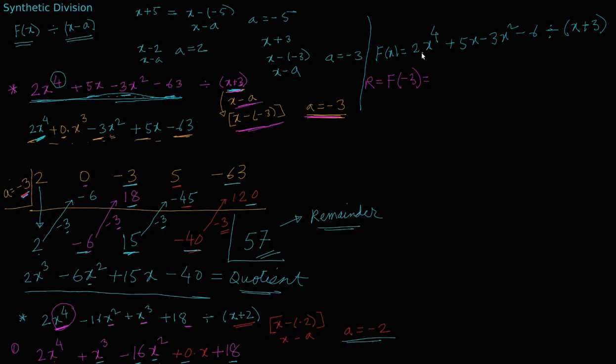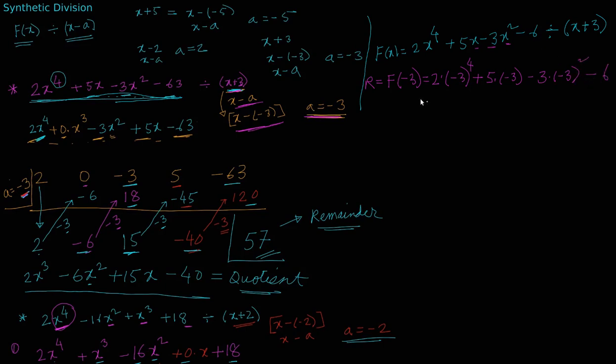So let's do it. 2 is 2, instead of x I'm going to write negative 3^4, plus 5 times negative 3, then negative 3 as it is, and then instead of x^2 I'm going to write negative 3 squared, and then negative 6.